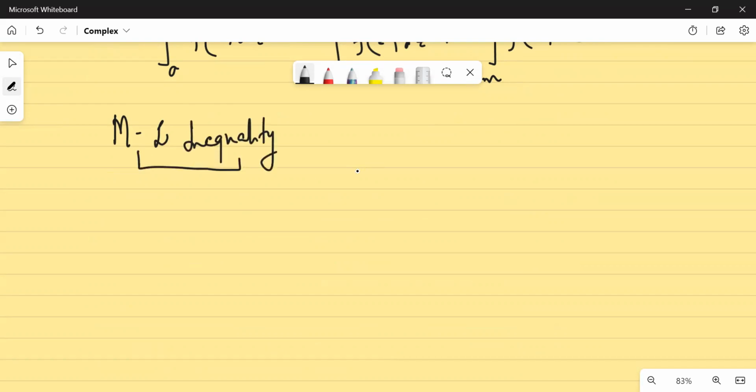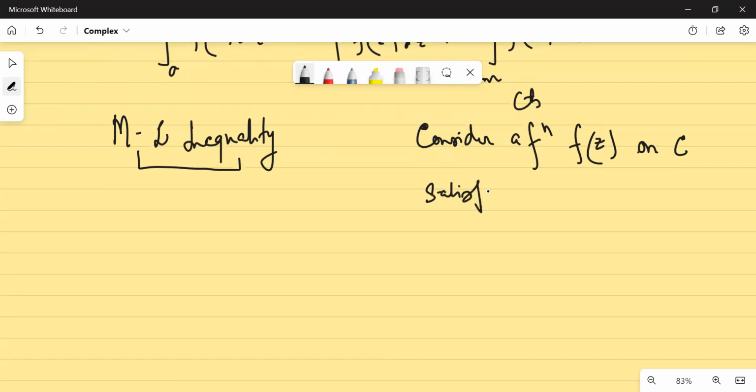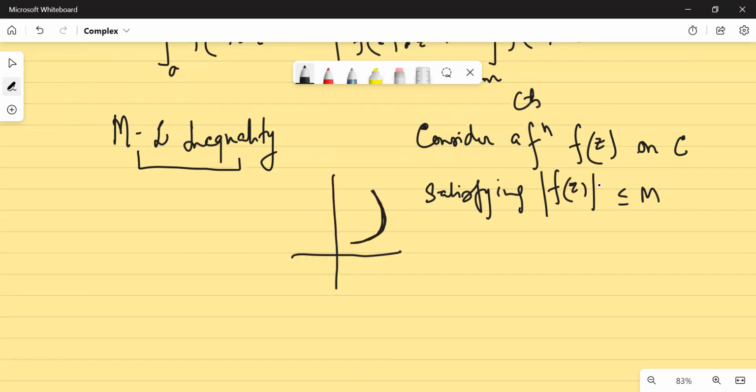Understand that we consider a continuous function f(z) on curve C, satisfying |f(z)| less than or equal to M. That is, on the curve C, my function attains some maximum value, let's say M. I'm evaluating a contour integral I given by the integral of f(z) dz.